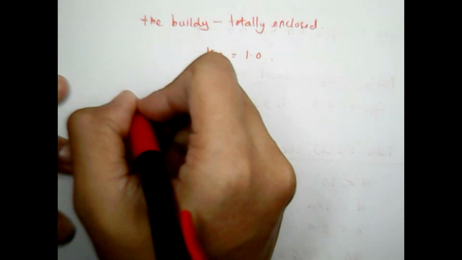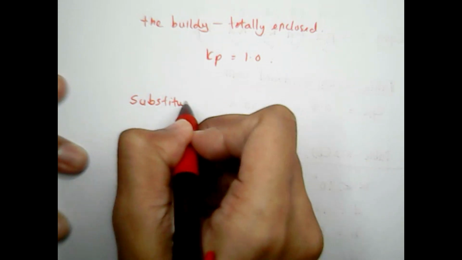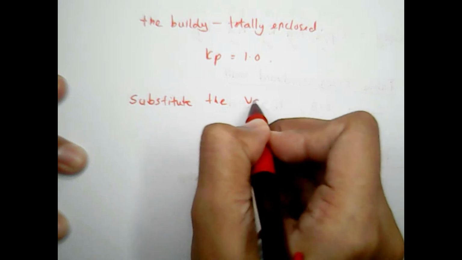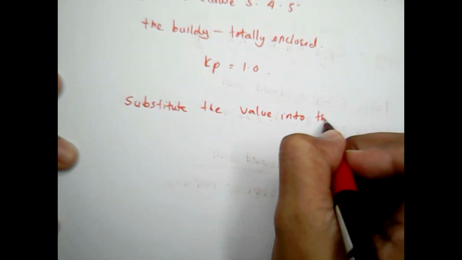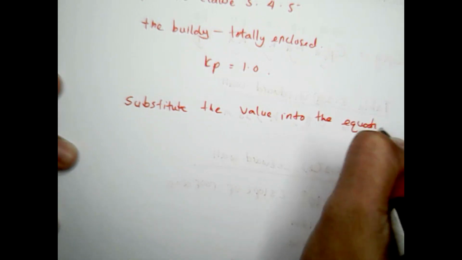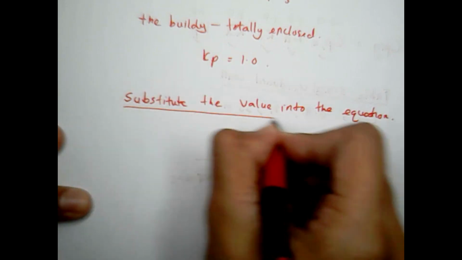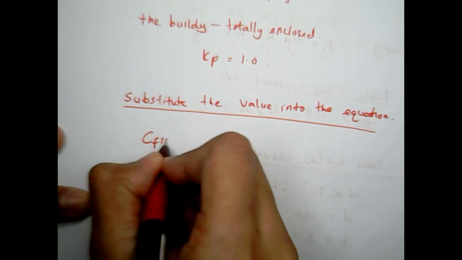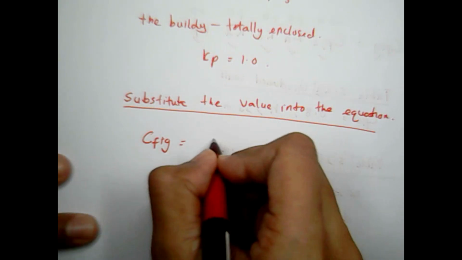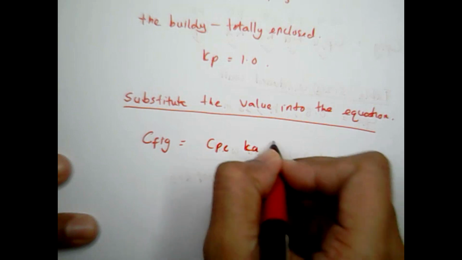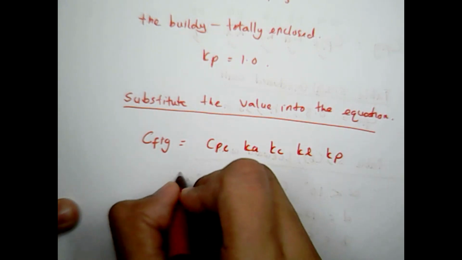Now we substitute the values into the equations, which give CFIC, the aerodynamic shape factor, which is CPE, KA, KC, KL, and KP.